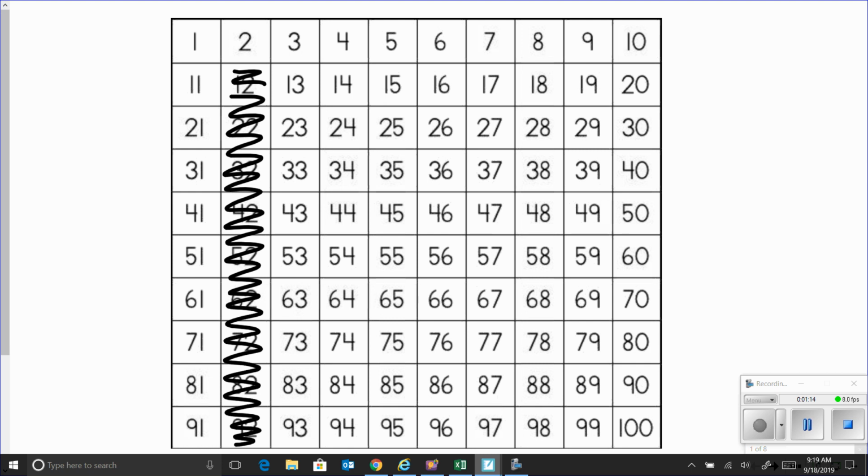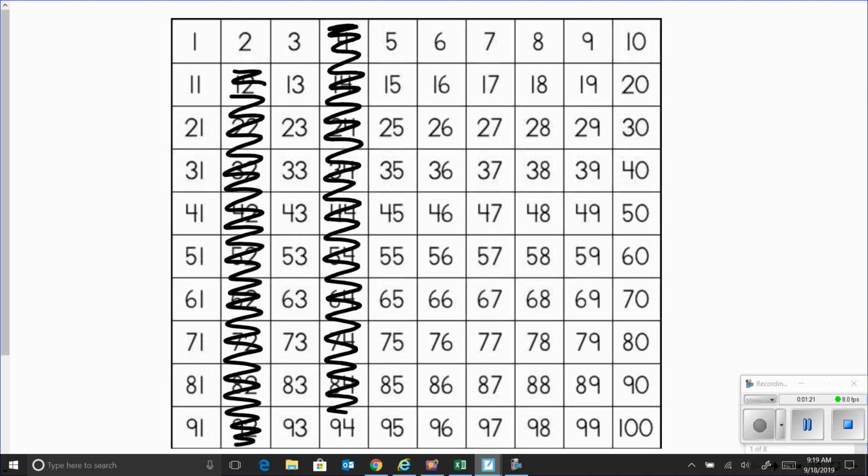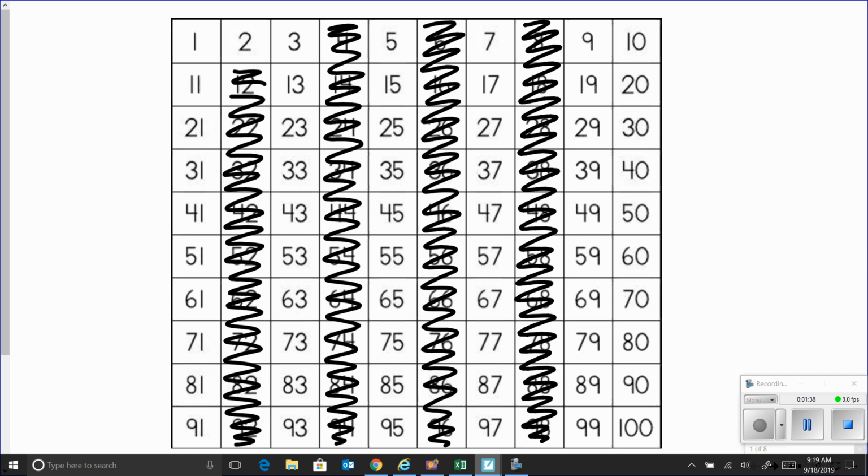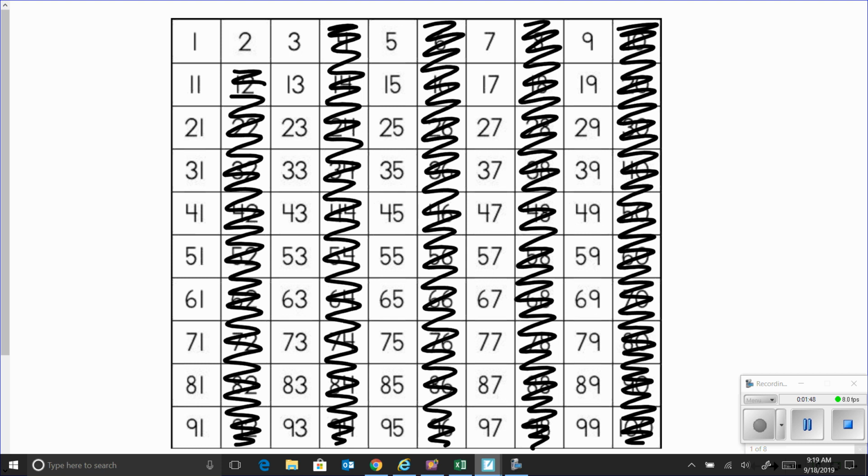A number that ends in 4 is an even number, so we're going to eliminate this entire column of numbers that end in a 4. 6 is an even number, so we're going to eliminate any number that ends in 6. 8 is an even number, so we're going to eliminate all the numbers that end in 8. And then any number that ends in 0 is also an even number, so we're going to eliminate all of those numbers that end in a 0. So we've gotten quite a few numbers off of our list here.